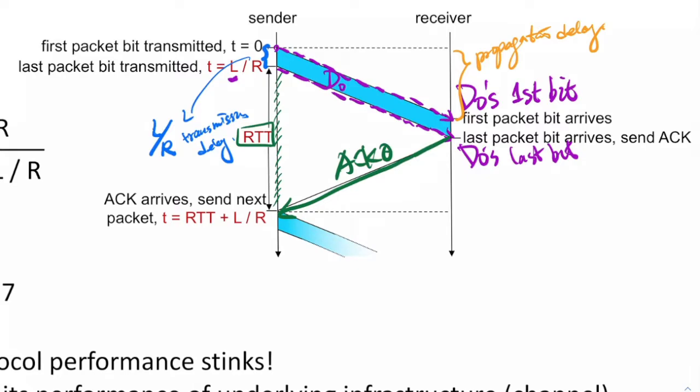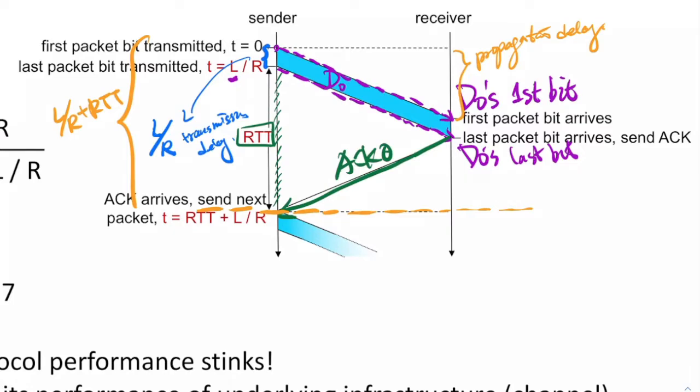So in this case, we can see a line right here. In total, it is L over R plus RTT. Within this time, because of the stop and wait mechanism, the sender cannot send any further packets, that is D1, D2, D3, D4.